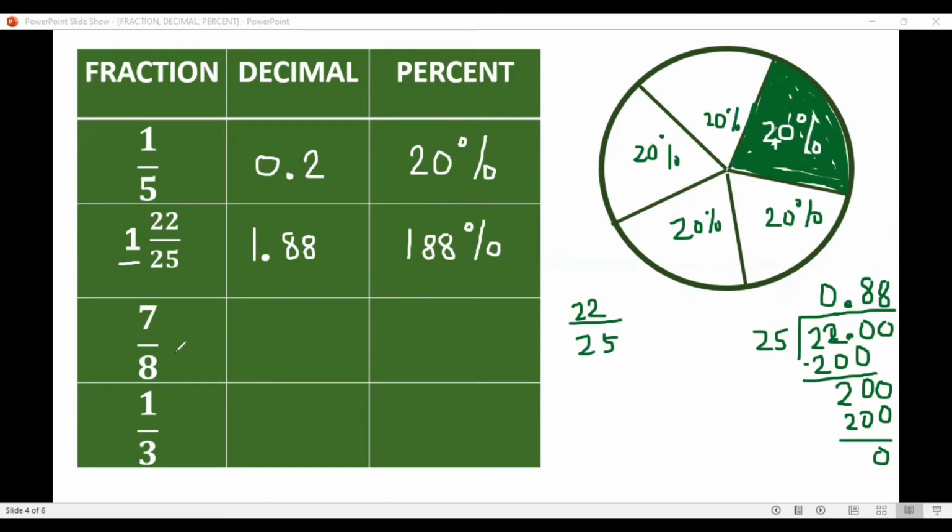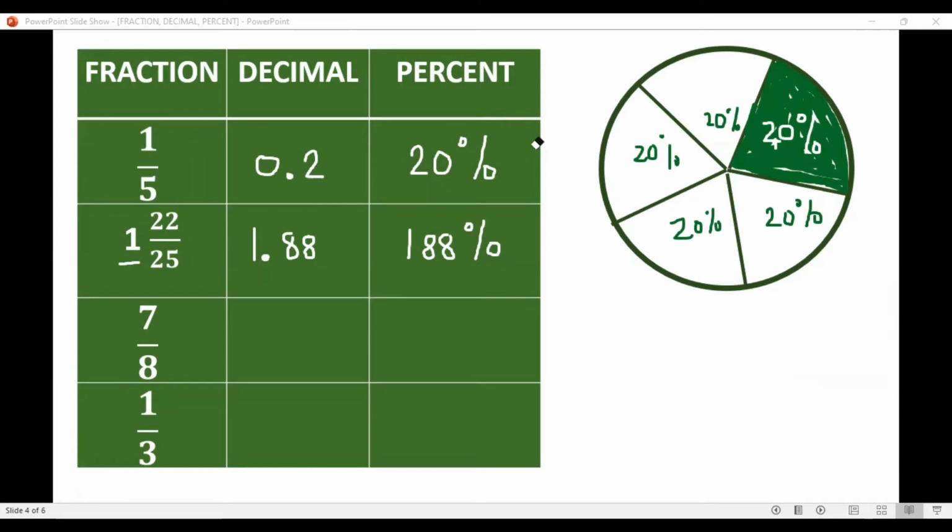Okay, so we have now 7 over 8. What are we going to do if we are to change that? Again, the same solution will be done. We just have to divide 7 by 8.